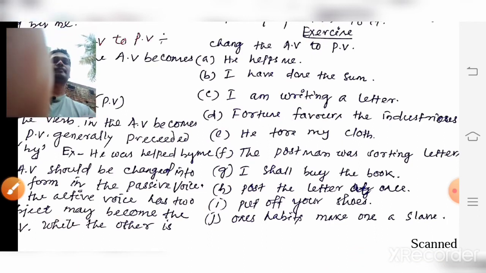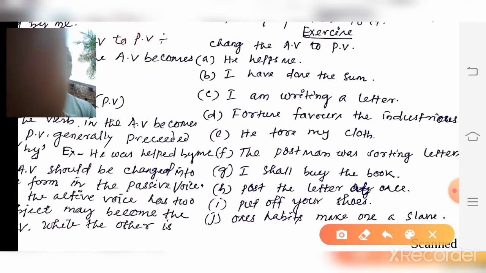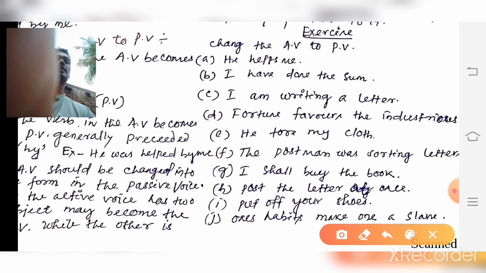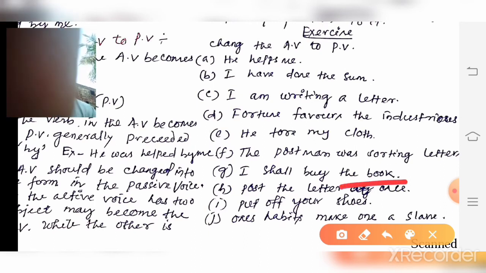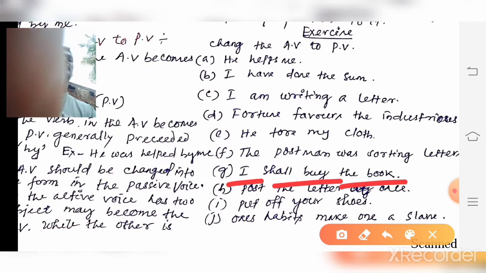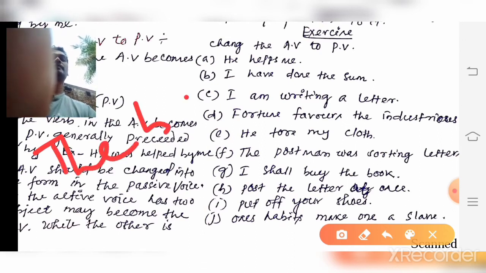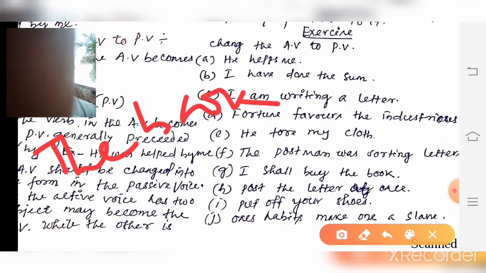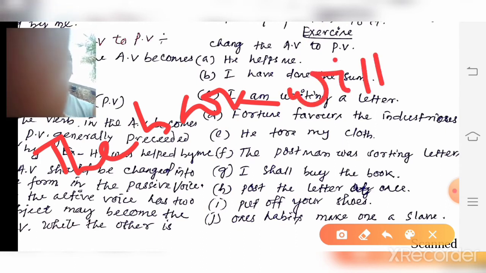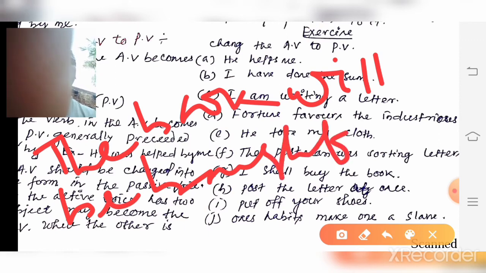Then, I shall buy the book. Here the book is the object, shall buy the verb, I subject. What will be the PV form? The book will be bought by me.